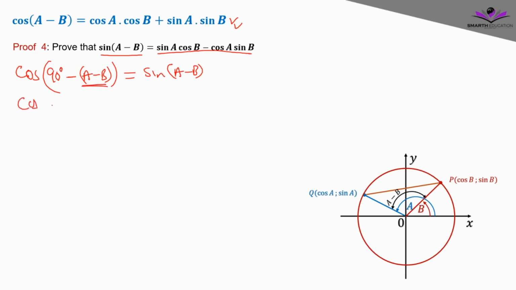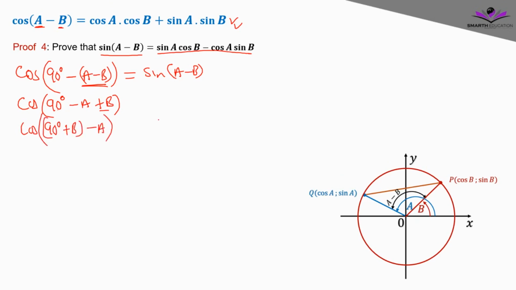So cos(90 degrees - A + B). And then now, what do we do? We have to say 90 degrees plus B minus A, so that we have something like this. Our A is going to be 90 plus B, and then our B is going to be like the A, isn't it? So we're going to say cos((90 degrees + B) - A), like that.